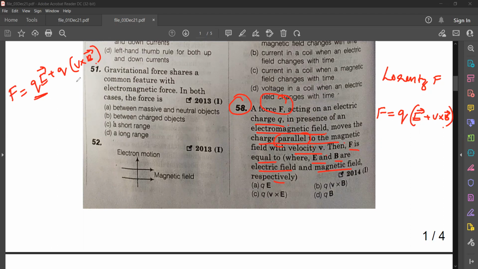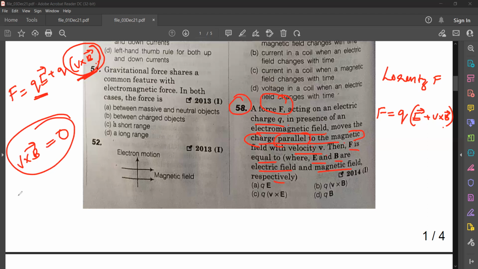So it will be like this. Now here you see the particle moves parallel to the magnetic field. Parallel to the magnetic field means V cross B will be 0. V cross B means VB sin theta.